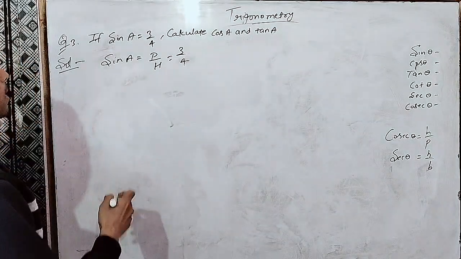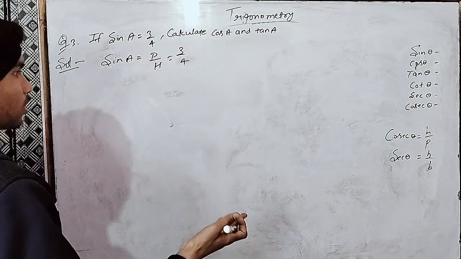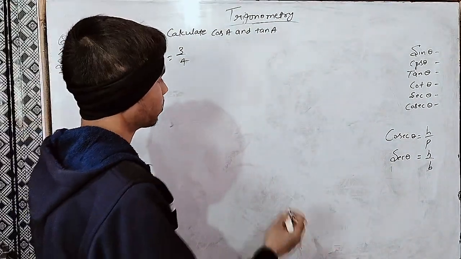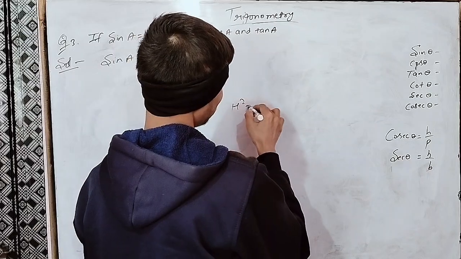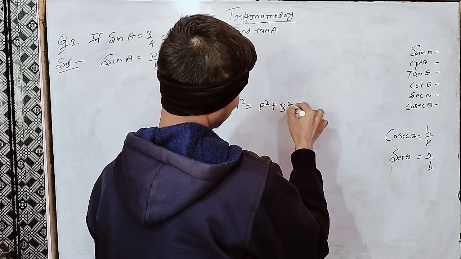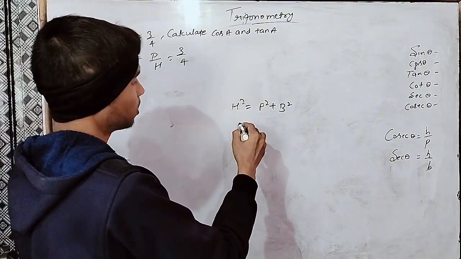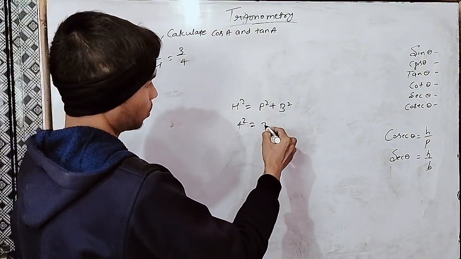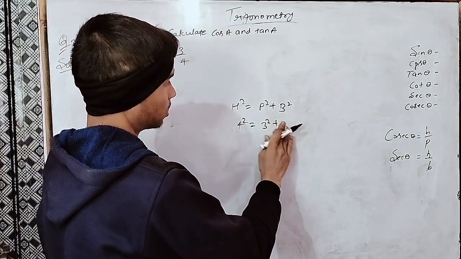Okay, so we don't have the value of base. So it is our first duty to find out the base. H is how much? 4 centimeter. P is 3 centimeter. B we don't have.